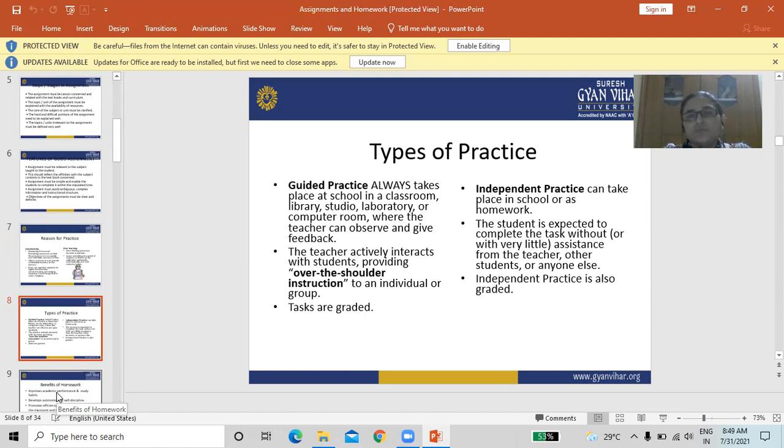Types of practice. The first one is guided practice. It always takes place at school, in the classroom, library, studio, laboratory, or computer room, where the teacher can observe and give feedback.